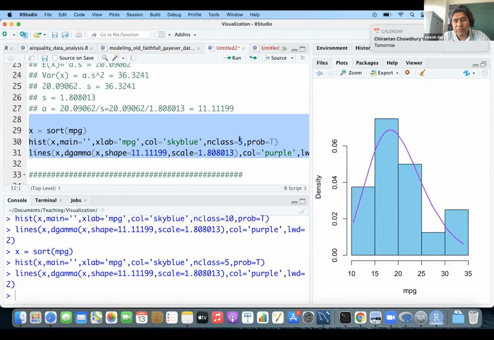That is one of the problems with histogram. If you increase it, then probably it will look better. That is why the chi-square goodness of fit test doesn't work so well, because if you do the chi-square goodness of fit test with 5 classes, probably it will be a good fit. But if you run it with 10 classes, it will be a bad fit. Okay. So that is what it's all about.